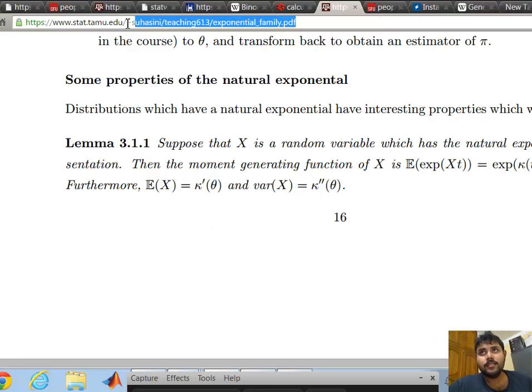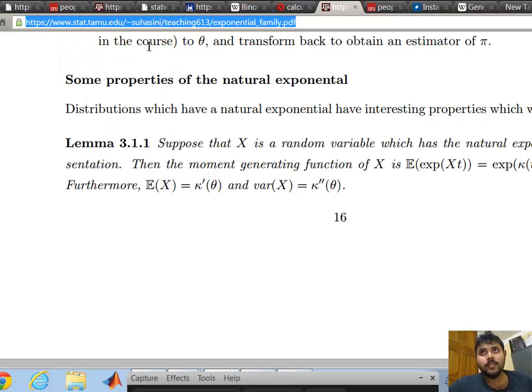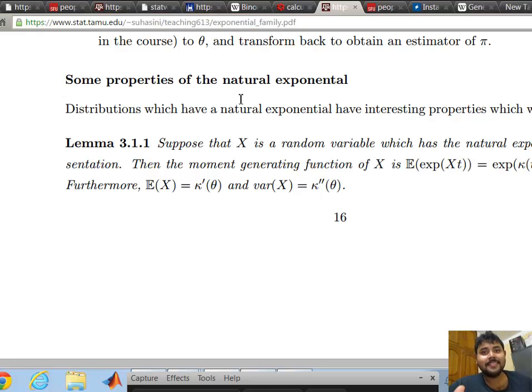For the link, yeah, this is the link. If you can't see, it's stat.tamu.edu by Suhasini. Suhasini is the faculty who has created these notes for us. She needs credit.